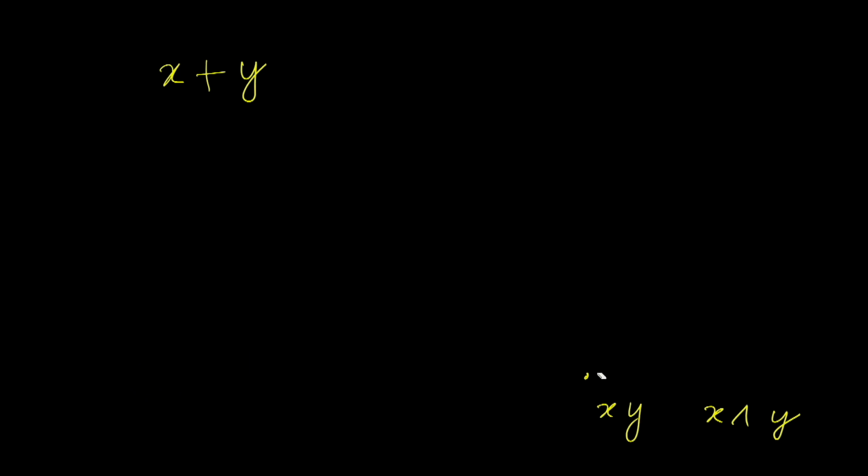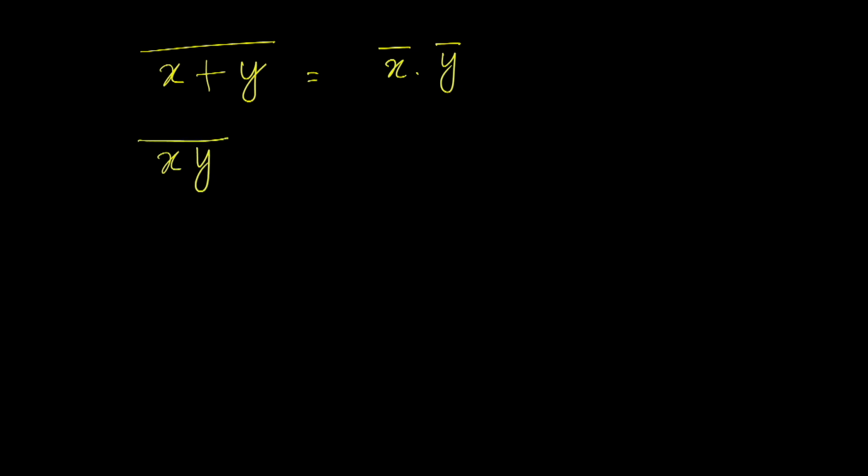So the first De Morgan's law says that the complement of x or y is the AND of x complement and y complement. The second De Morgan's law says that the complement of the AND of x and y is the OR of x complement and y complement.